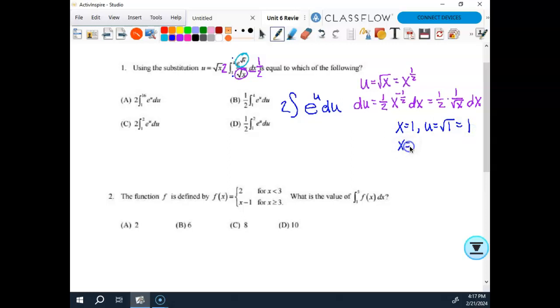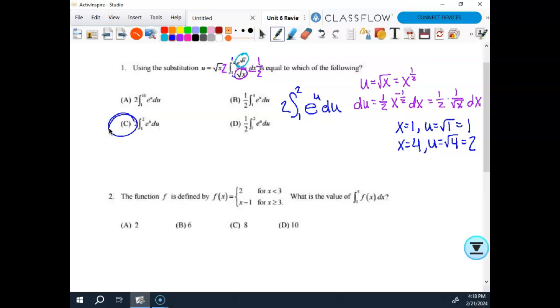When x equals 4, I'm getting these numbers from here, then u equals the square root of 4, which is 2. So that means I'm going from 1 to 2. And that is my answer, which is C.